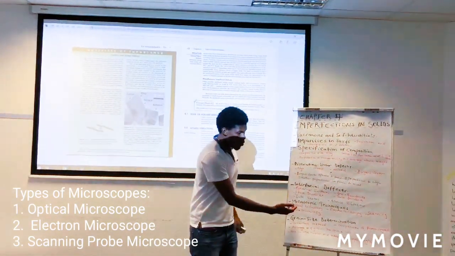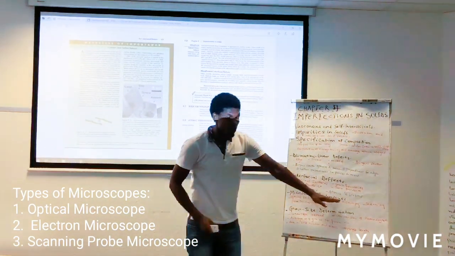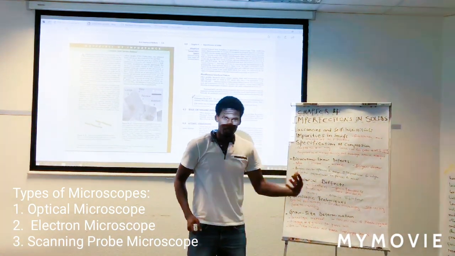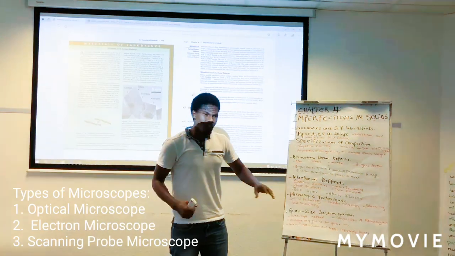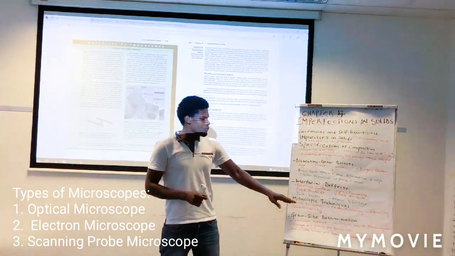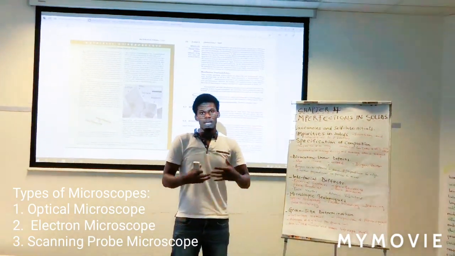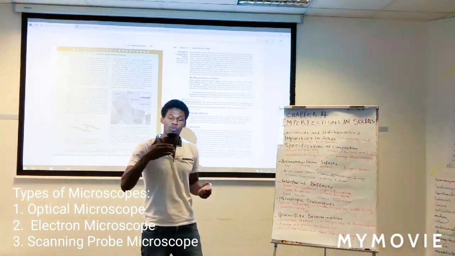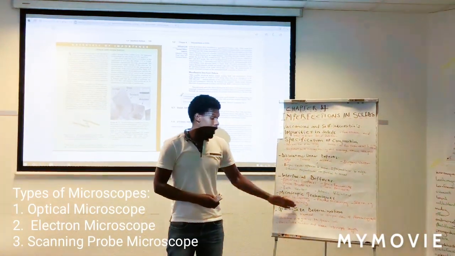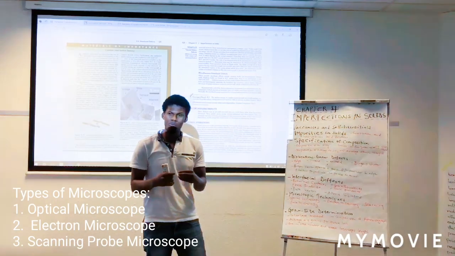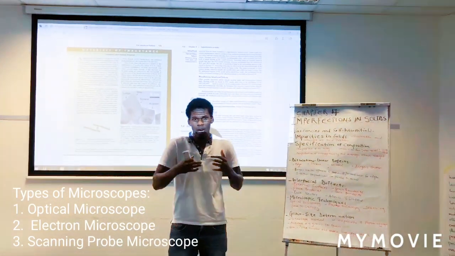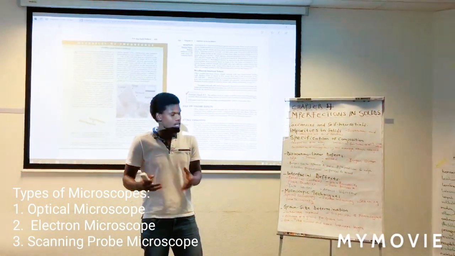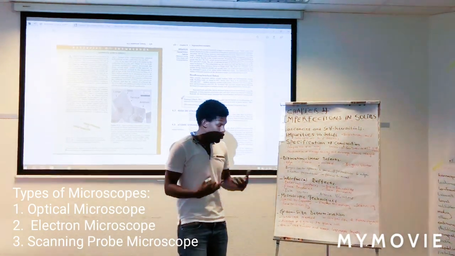You have to use the more recent one, the electron microscope, because this will help you to see the atoms. But if you just want to see dislocations, you can use the optical microscope, and we can explain how these microscopes work. Or there is also the scanning probe microscope. Because we cannot see this with our naked eyes, we have to go deeper, so we create microscopes to be able to study this.